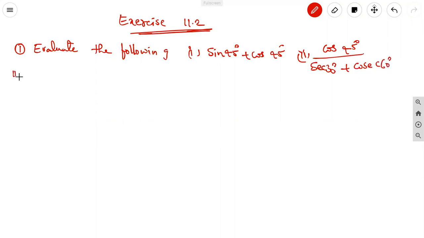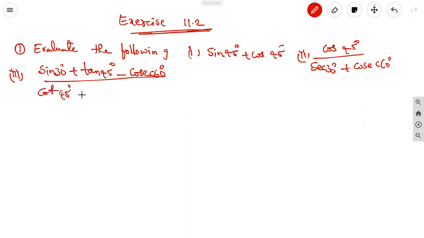Third one, sin 30 degrees plus tan 45 degrees minus cosec 60 degrees by cot 45 degrees plus cos 60 degrees minus sec 30 degrees.